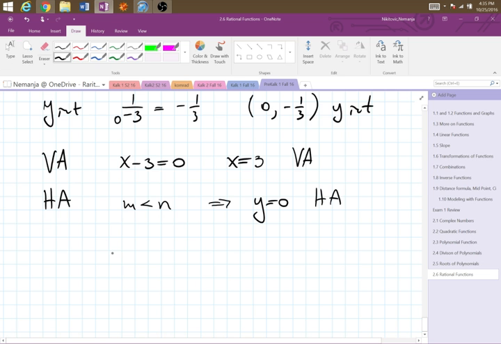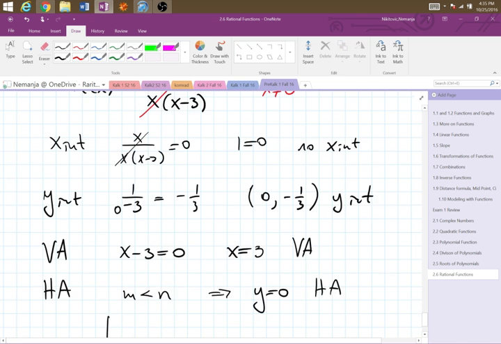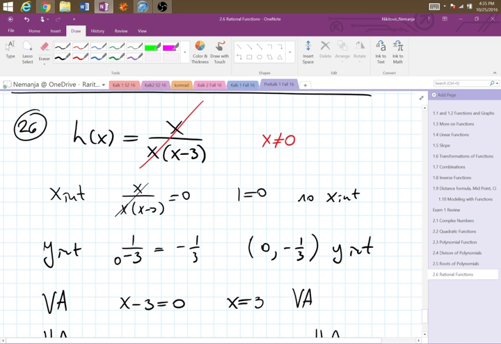Great. So now we're going to graph this. First of all, there is a hole at 0, 0. We are not allowed to have a function value there. Wait, how do you know there's a hole? Because x in the denominator and the numerator canceled. There are no x-intercepts, but you still can't have x be 0. If you look at the original function, before we canceled, you have x in the denominator.